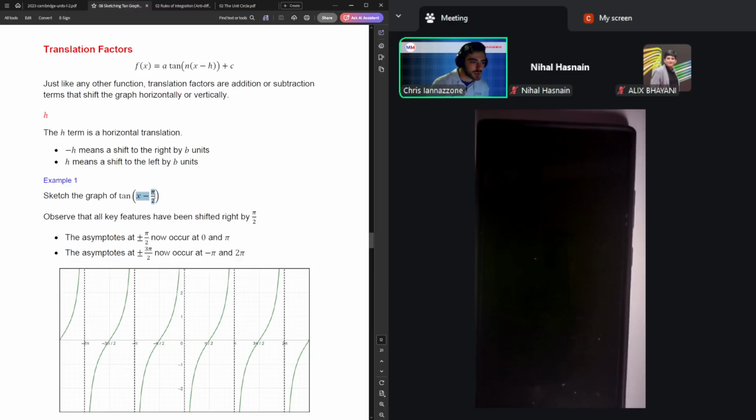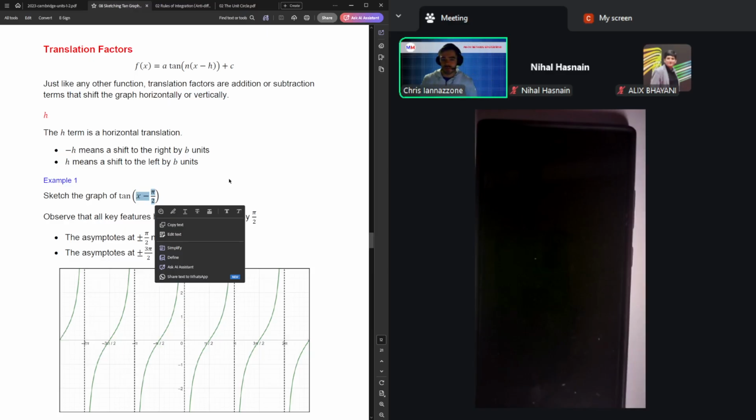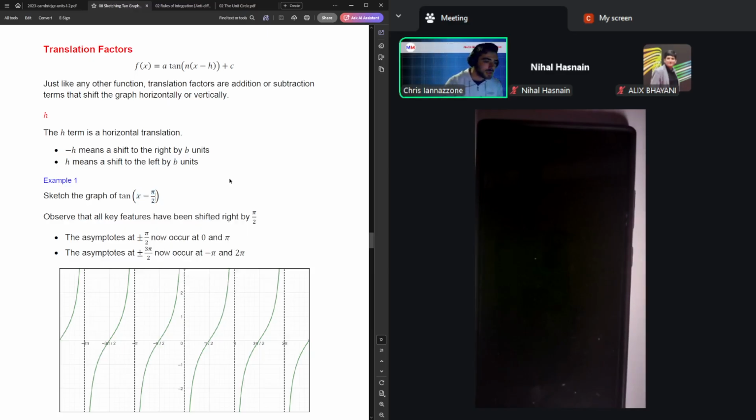Right, you'd be essentially solving cos of x minus pi over 2 equals 0. And when it comes to solving your x-intercepts, well, unless you have a vertical translation, you're still just doing midpoints. So this is more so just for your own conceptual understanding of how that works.